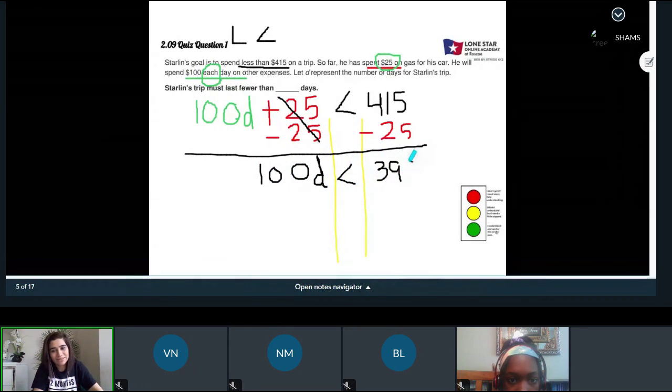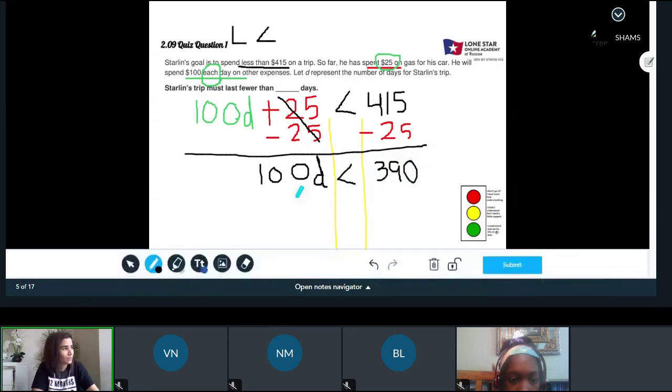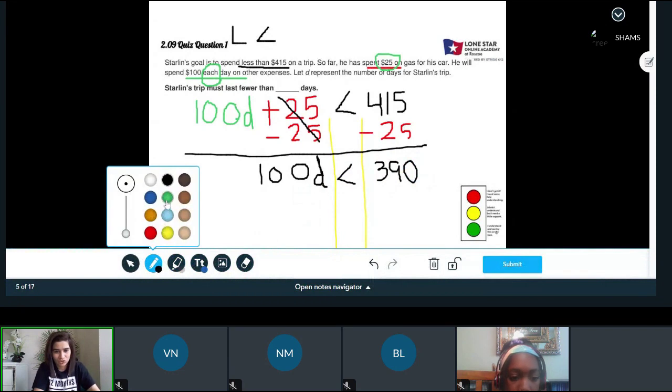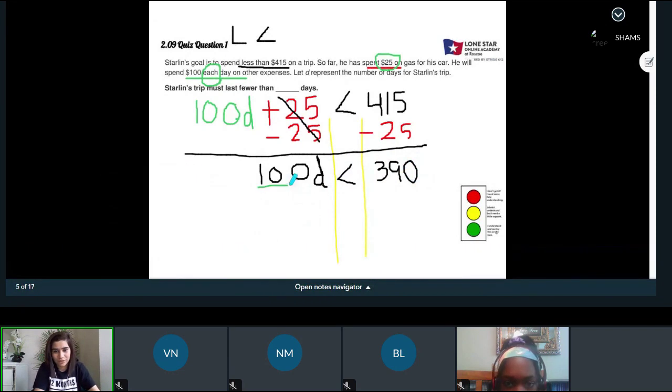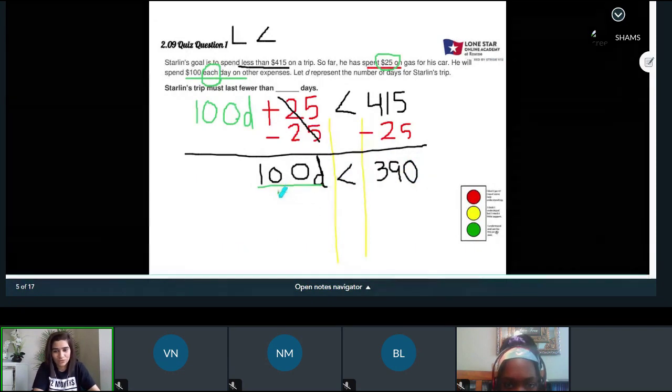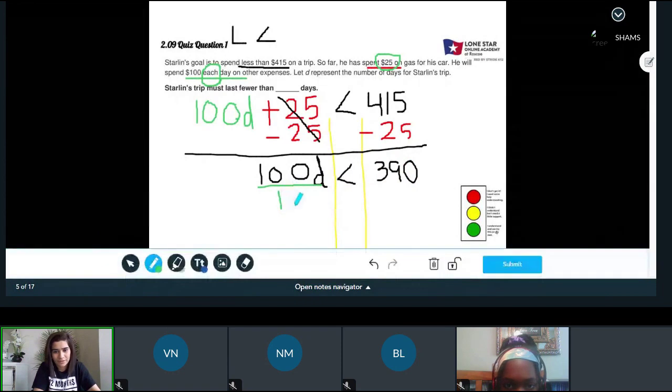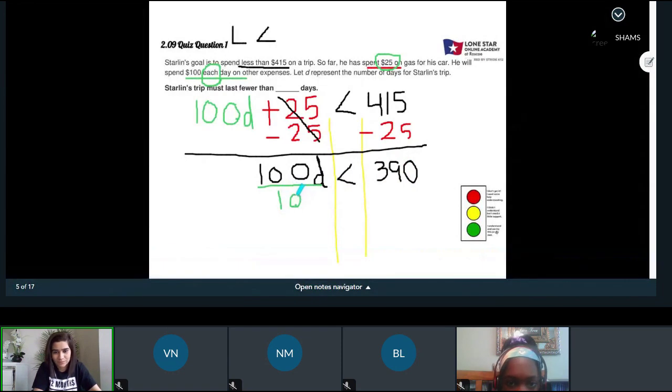To get D by itself, you will divide both sides by 100. And dividing by 100, I will show you, I will not really divide. There's a strategy we use, and that gives you the answer pretty fast. You divide your right side also by 100.